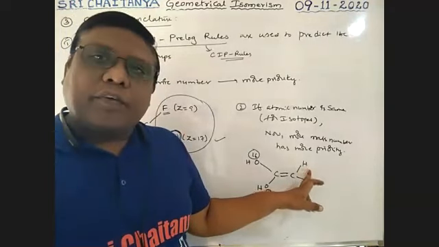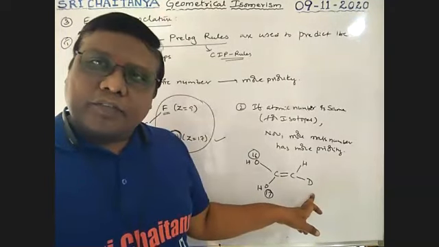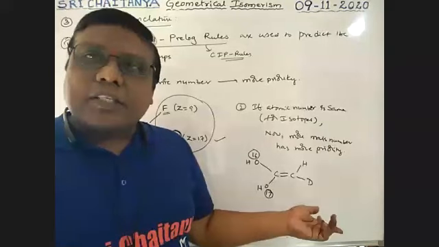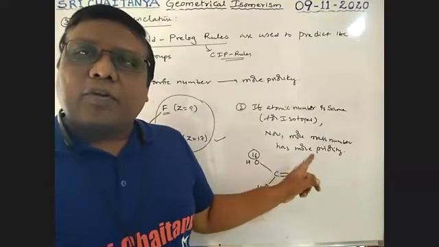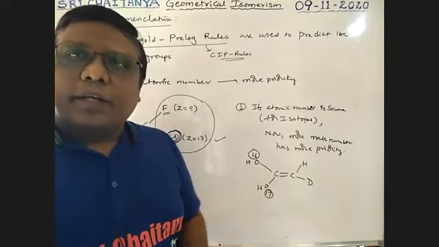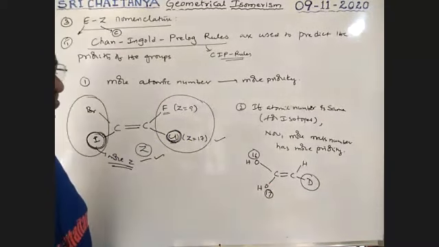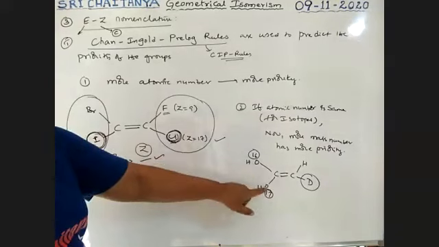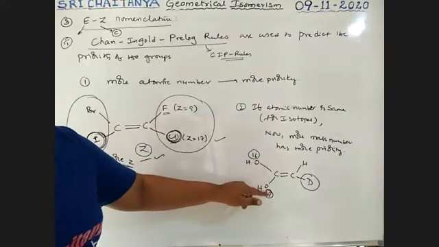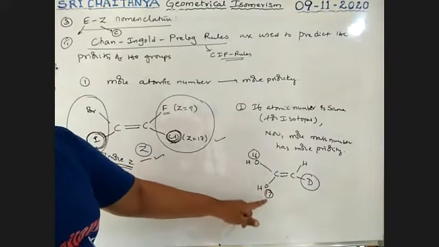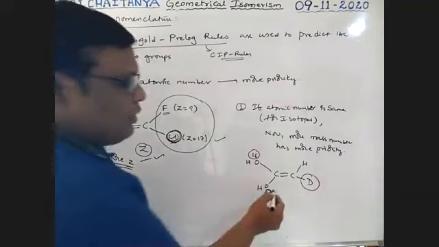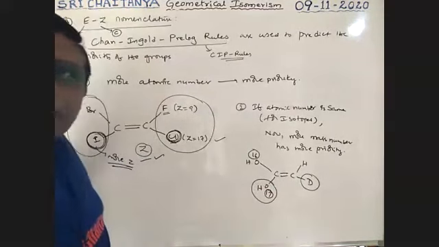Hydrogen atomic number 1, deuterium atomic number 1. That's why the atomic number is the same. Now which one has more mass number? Hydrogen has 1, deuterium has 2. Therefore, deuterium has more priority. Here, both are oxygen atoms attached, similar atoms. One has mass number 16, the other has mass number 17. Therefore, the one with 17 has more priority.